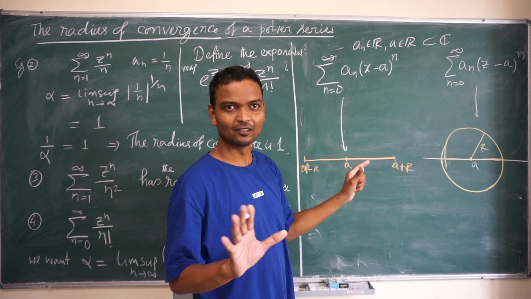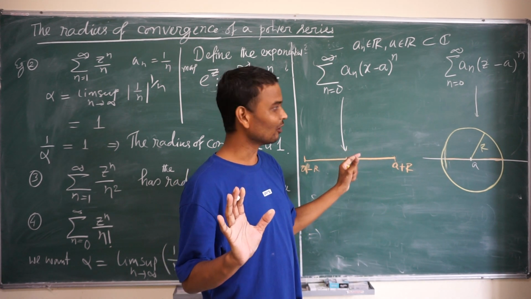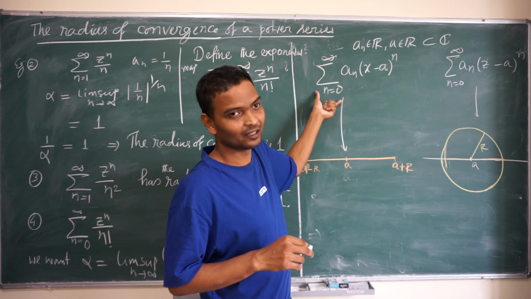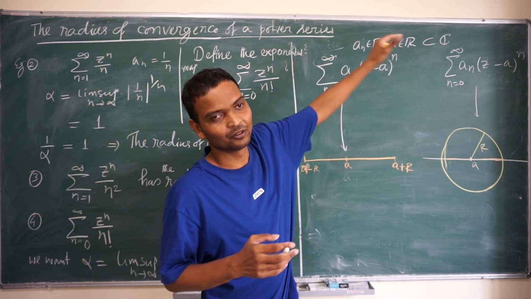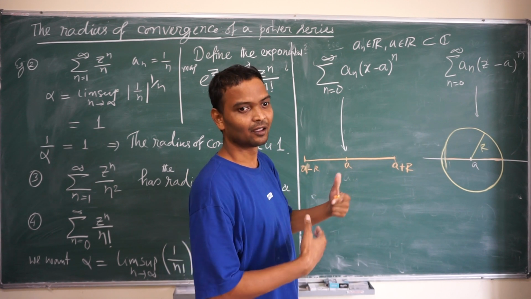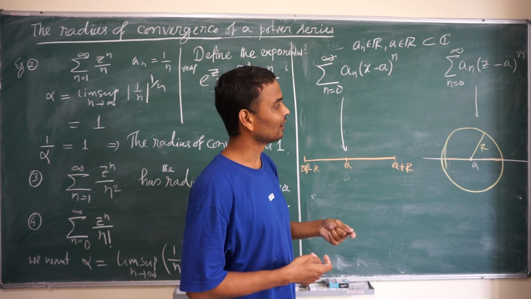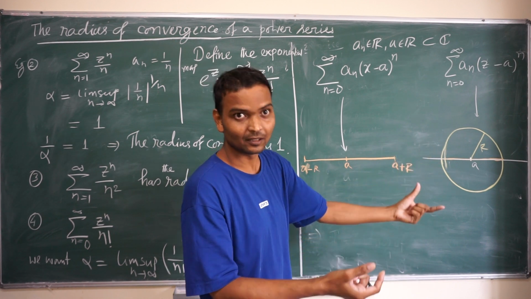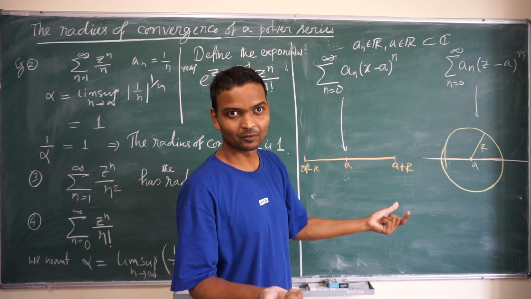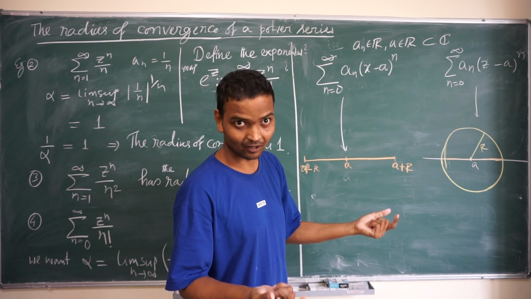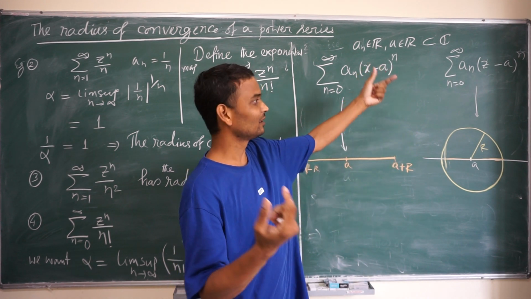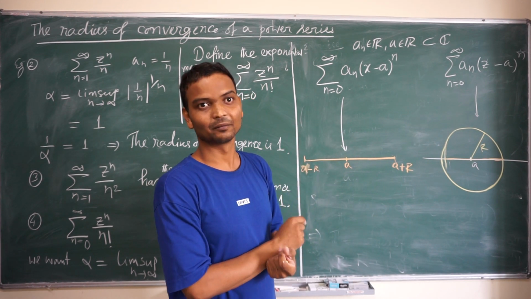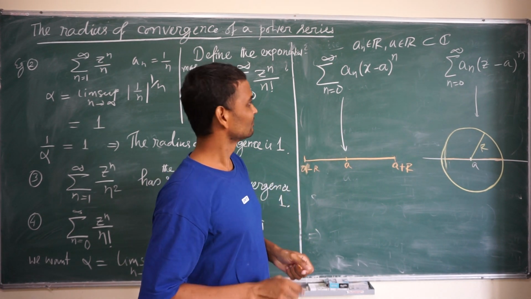So this is an important observation: once you have a power series in the real line, you can generalize it to a power series in C, where the region of convergence will be a disk now, and when you restrict the same thing over R, you get back the same thing. Alright? Thank you.